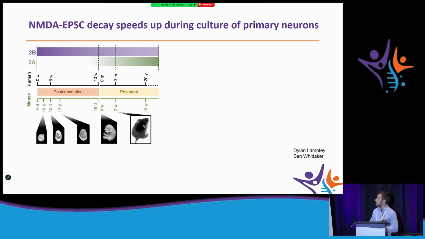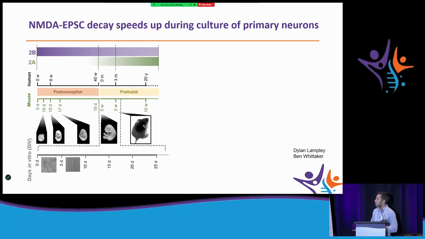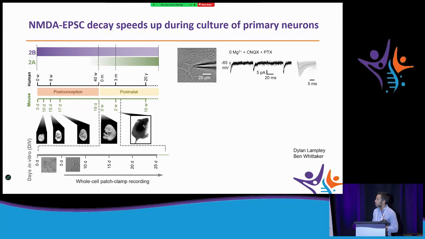Still in mice, we'd be taking them either at embryonic or early postnatal, day 0 or day 1 after birth, and prepare cultures from them and let them grow in vitro, and then patch clamp and record their NMDA-mediated spontaneous synaptic currents.